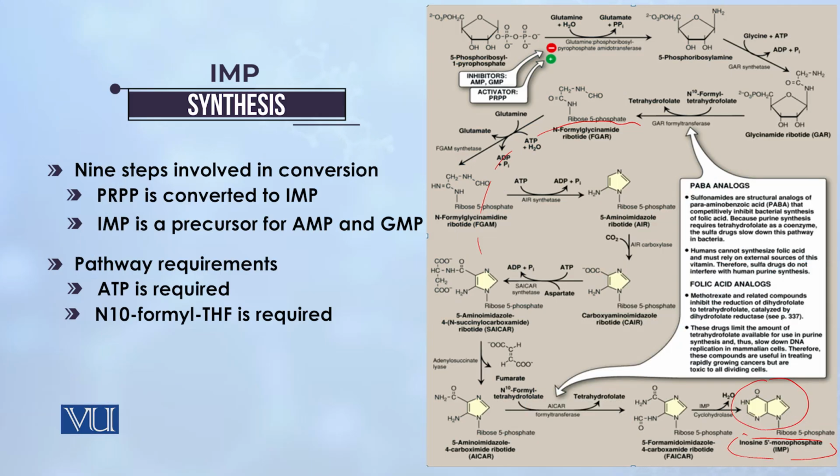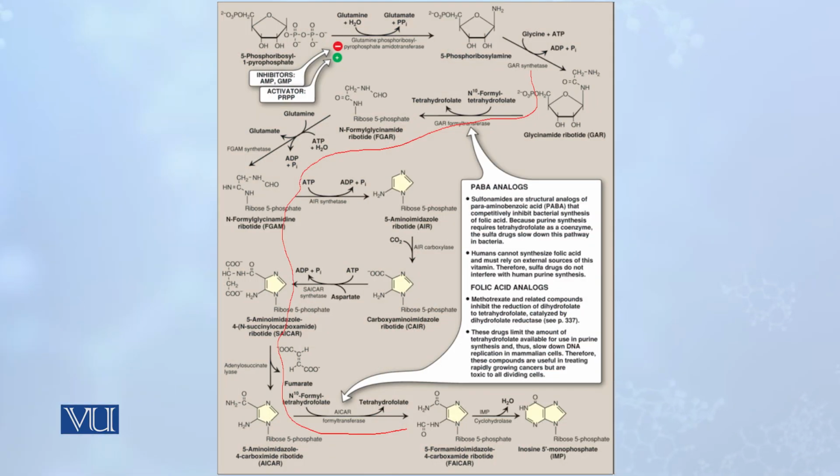As I have told you, PRPP is converted to inosine monophosphate, and this is a major precursor of the main purine nucleotides, AMP and GMP, adenosine monophosphate and guanosine monophosphate. This pathway requires ATP, of course, and also THF, tetrahydrofolate. I have already shown you how the 9 reactions end up in the formation of IMP.